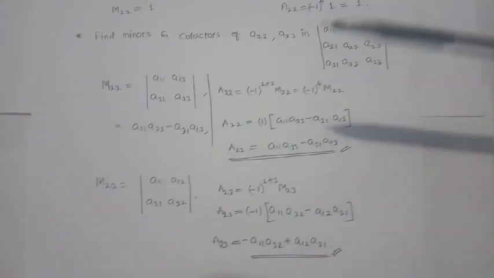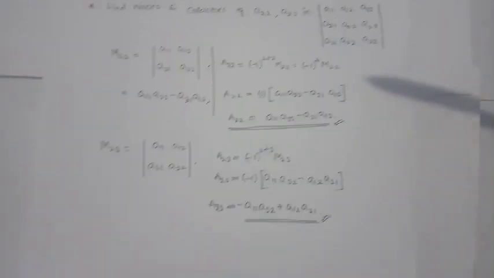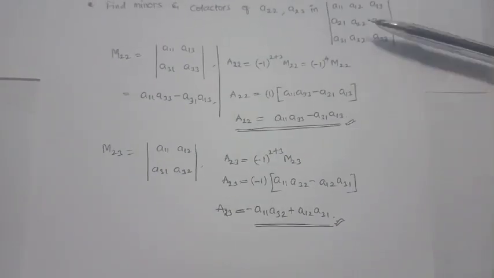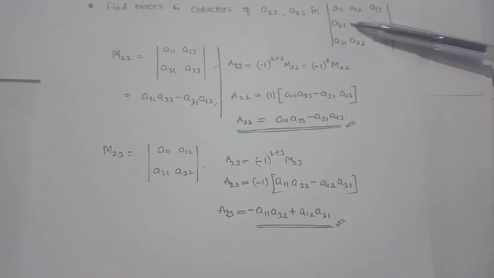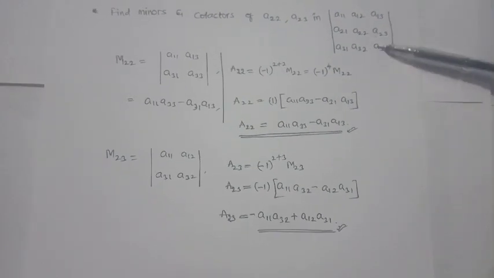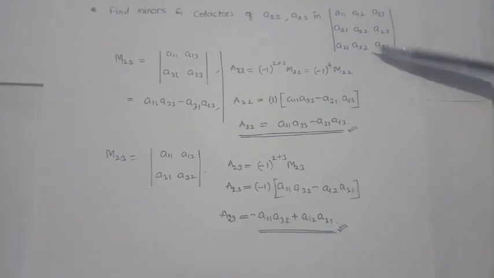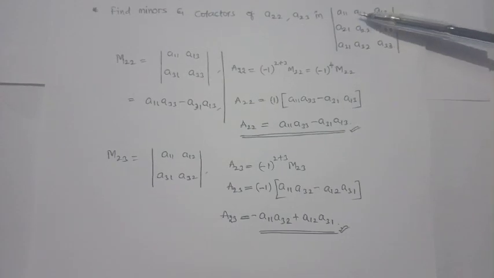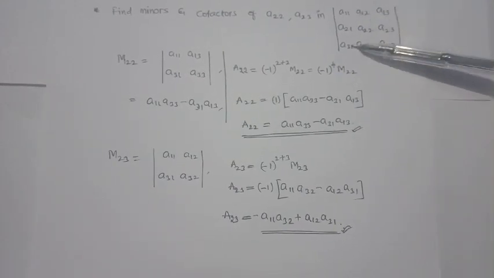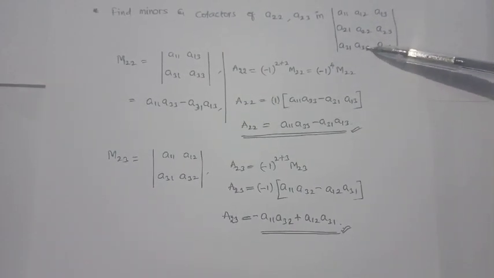Now coming to the next, M23, second row, third column. Excepting the second row and third column, the remaining elements are A11, A12, A31, A32.